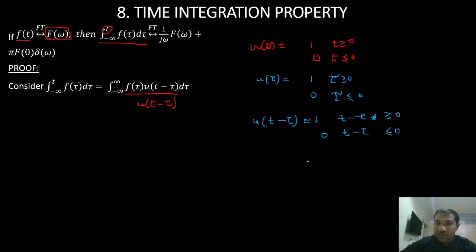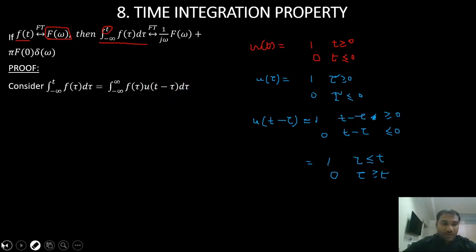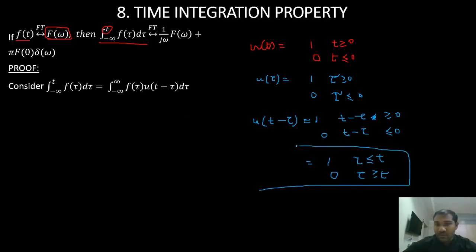So simplify this. It is nothing but 1 for, my variable here is tau, so if I take tau to the other side, tau less than or equal to t, and 0 for tau greater than t. So this is my u of t minus tau.